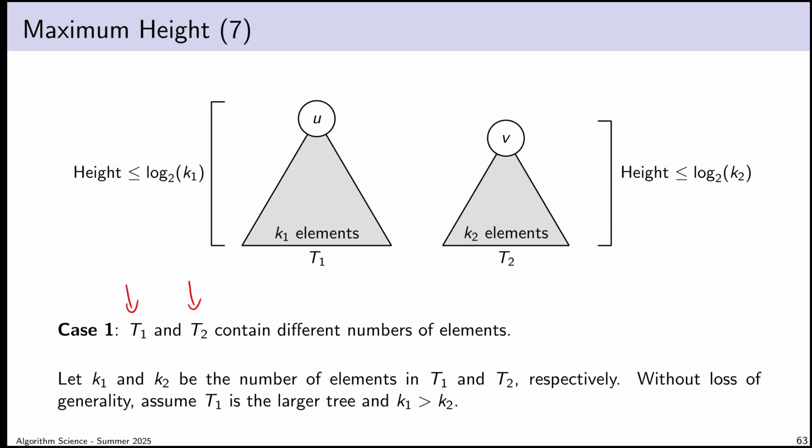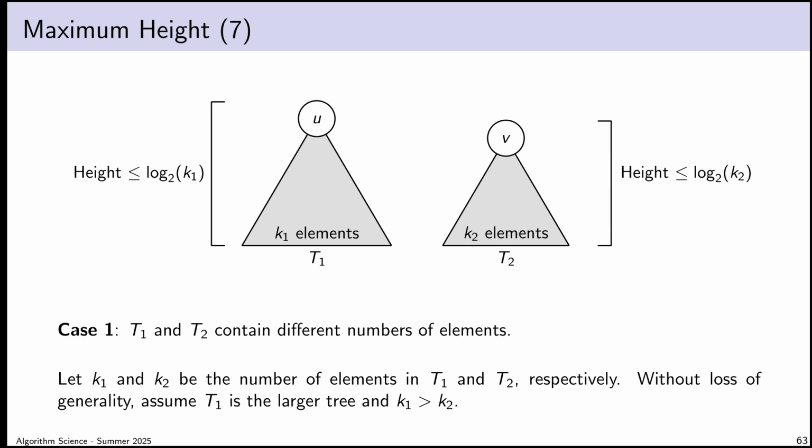So for notational reasons, let's define some things. Let K1 be the number of elements in T1, and let K2 be the number of elements in T2. Notice that I have named my trees effectively arbitrarily. I just said let the two trees be called T1 and T2, and nothing I've said so far has pinned down any specific details about those trees besides that they have a different number of elements.